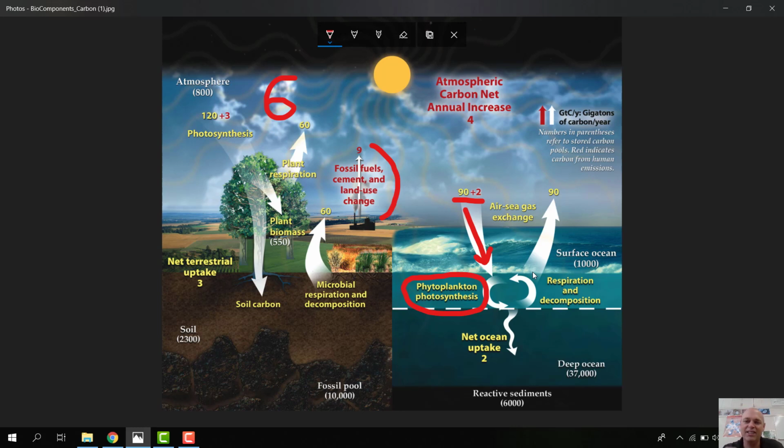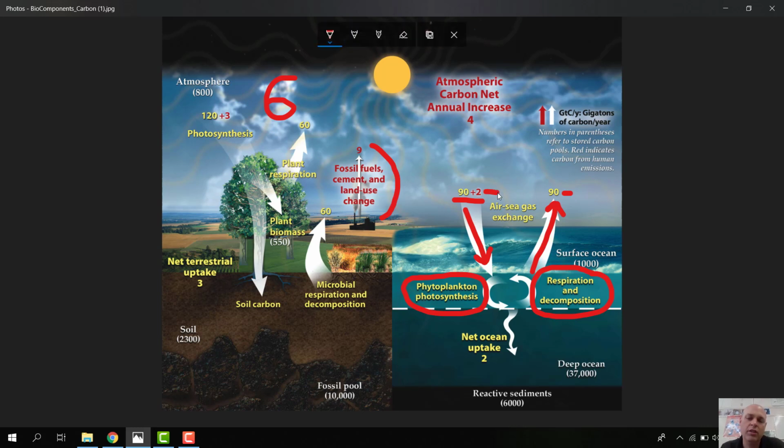Now, as far as CO2 that comes out of the ocean, that is 90 gigatons. And that's from respiration, decomposition, similar to the stuff that we see on land. Plankton, algae are respiring just like the animals are, and they're putting CO2 into the ocean water. That ocean water loses some of its gases just naturally. So you get 90 here, but 92 coming in.